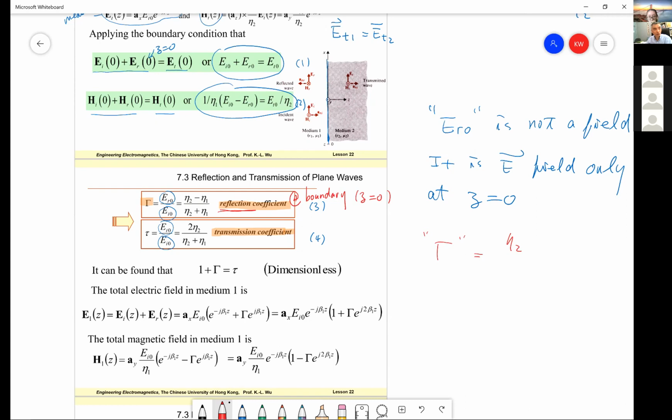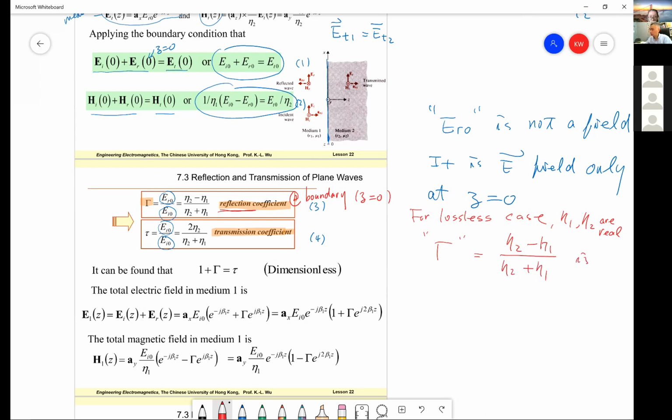For now, they are real numbers because for the lossless case, eta 1 and eta 2 are real numbers. So the reflection coefficient on the boundary is (eta 2 minus eta 1) over (eta 2 plus eta 1).